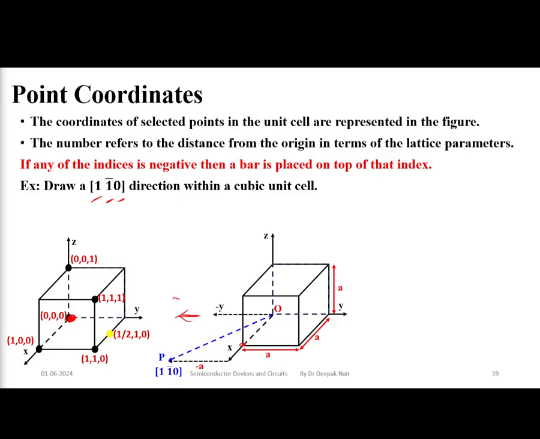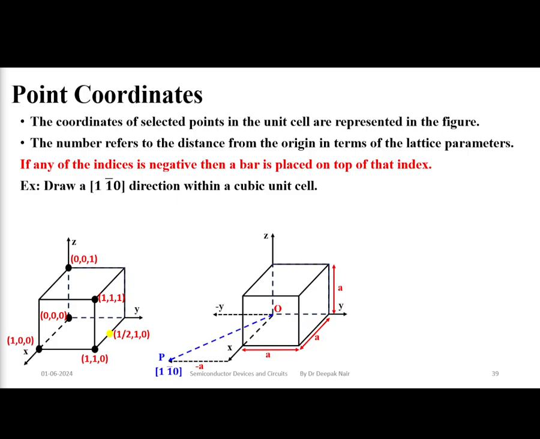This is the minus y direction. Here, this direction is our plus y direction. So we are moving towards the left, minus y, -1, and 0 because this point is not touching the z-axis.